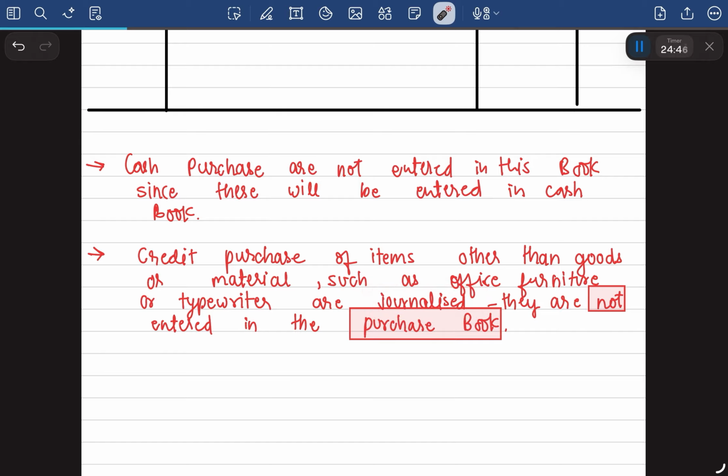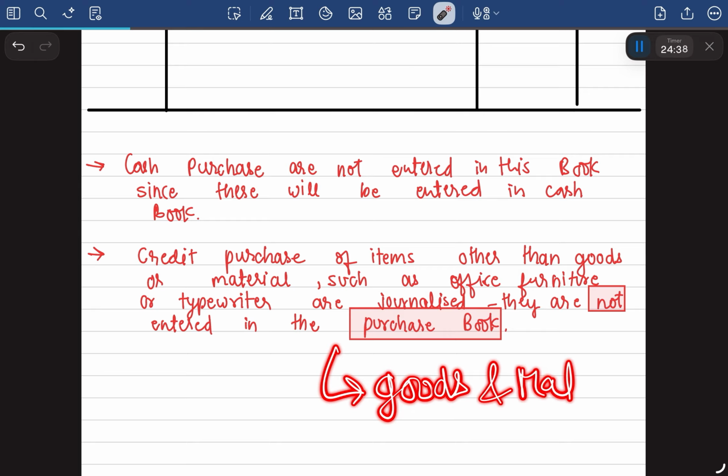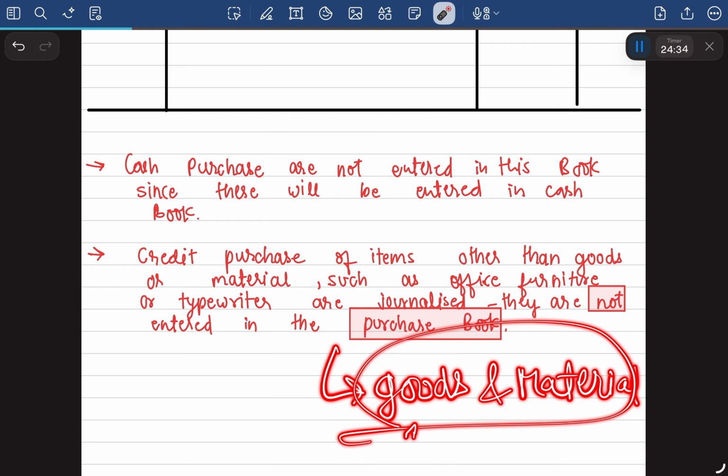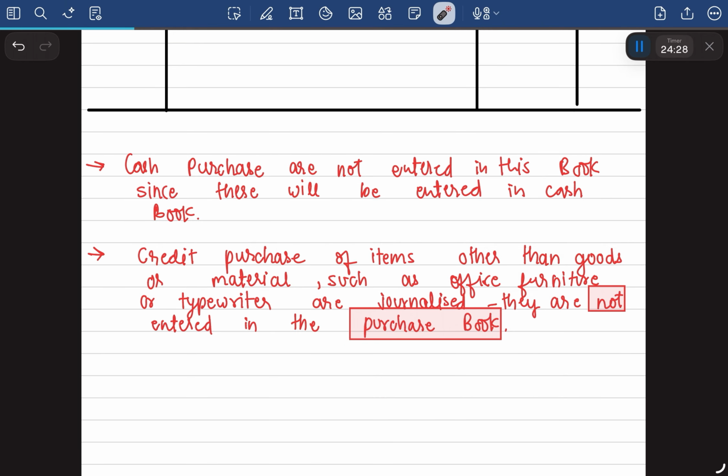They are not entered in the purchase book. In purchase book, we only record goods or material which are in the normal course of our business. We do not record furniture. This is a long term asset, so we will not record it in the purchase book.